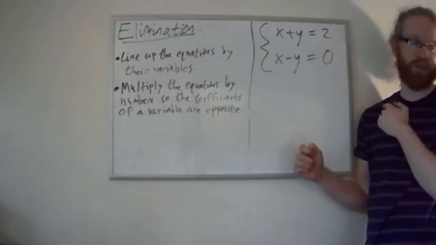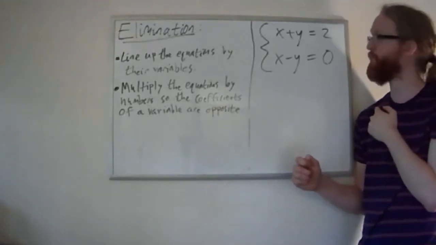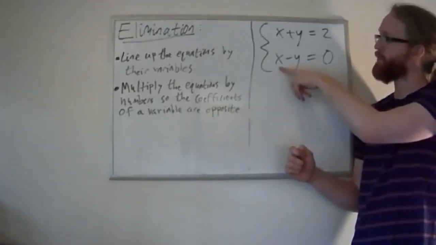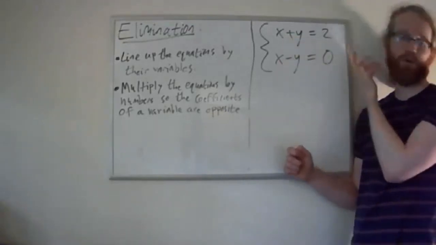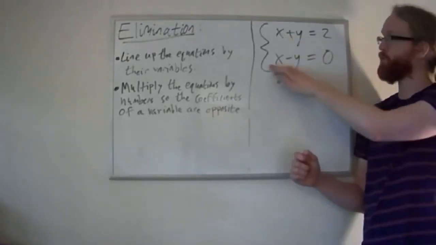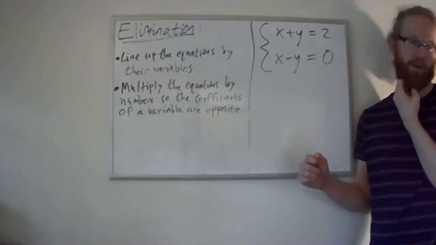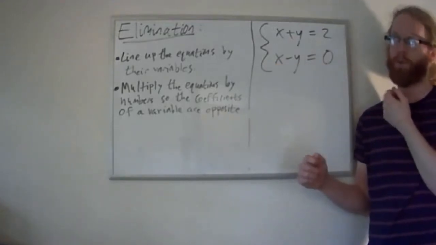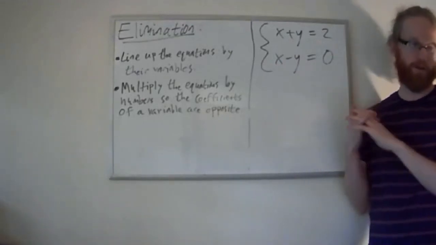If I was trying to choose x instead, if I wanted to cancel out the x, notice I have positive x and I have positive x. So I would have to multiply maybe the second equation by -1 to make this into a negative x to get them to be opposites. So in general, that's what we want to do. I want to pick a variable and get the numbers in front of them to be opposites.